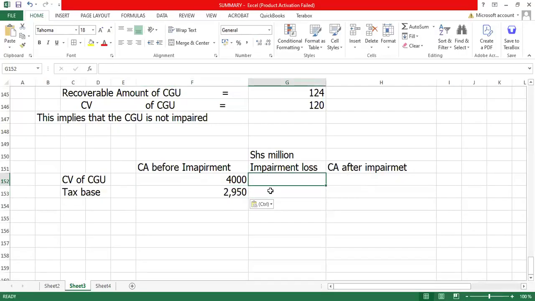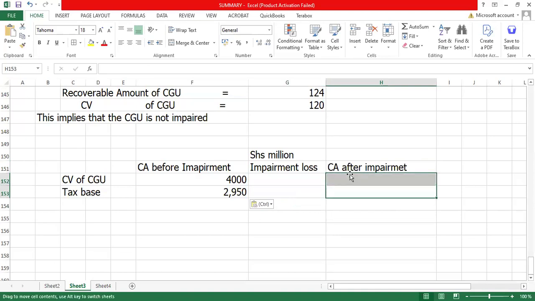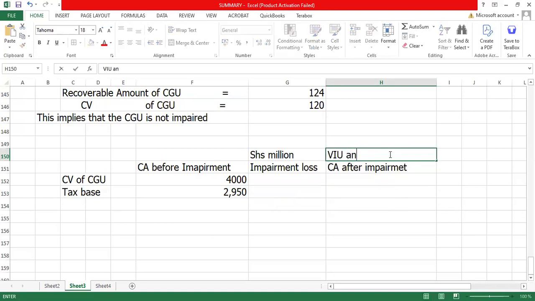Now, what is impairment loss here? What you can put is the recoverable amount.